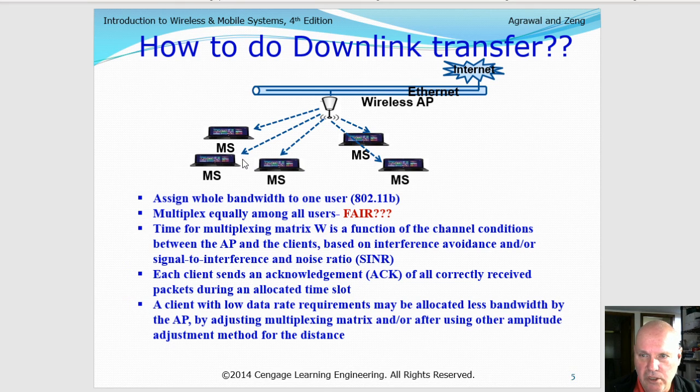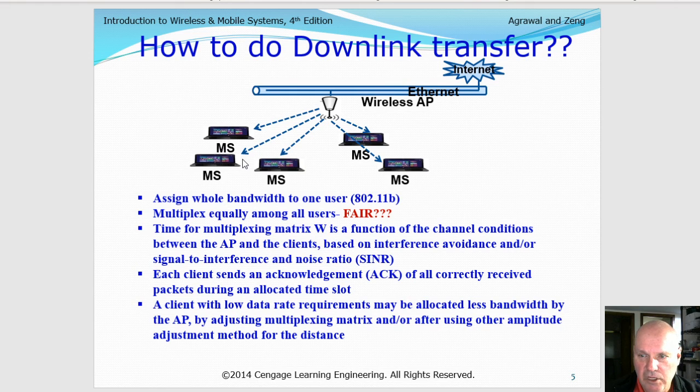What's actually used is that the access point develops a multiplexing matrix based on a number of conditions: the signal strength and the data transfer rate. Based on this matrix, it determines the number of packets addressed to a particular mobile system in a given time window.